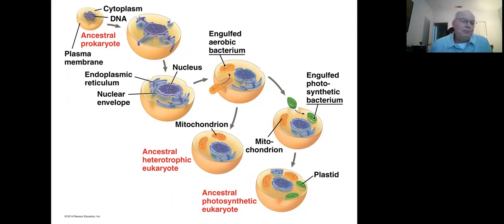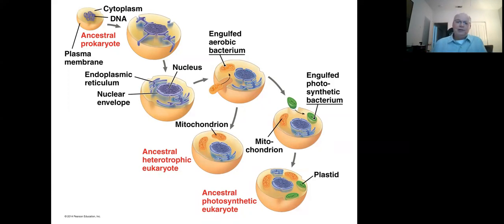Molecules similar to that, small circular DNA molecules, are found both in bacteria and in chloroplasts. And that DNA contains genes that are involved in cell respiration and photosynthesis, respectively. And the ribosomes of the mitochondria and chloroplasts are there to produce the proteins that are encoded in those genes.